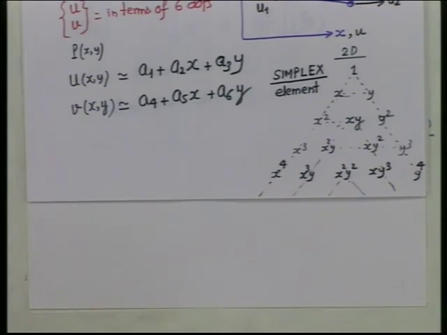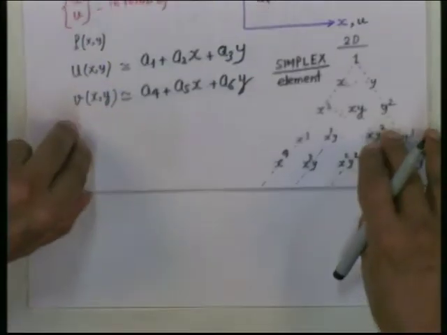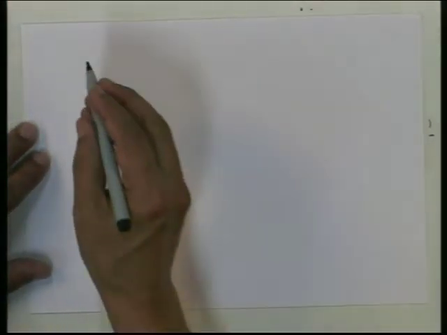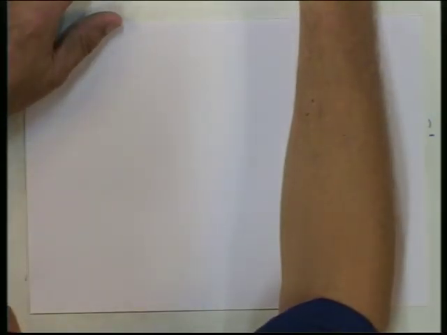We can put the boundary conditions. Node 1 has coordinates x1 y1, node 2 has coordinates x2 y2, and node 3 has coordinates x3 y3 in 2 dimensions.